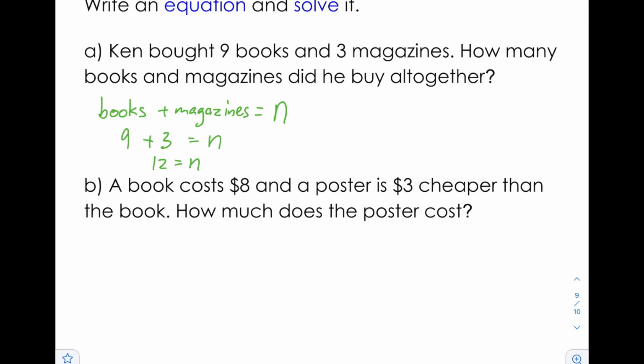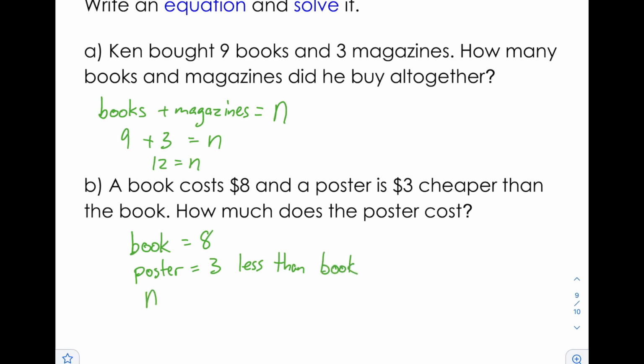Question B, a book costs $8 and the poster is $3 cheaper than the book. How much does the poster cost? We're going to break this down into the information we have. Book is 8. Poster is equal to 3 less than book.